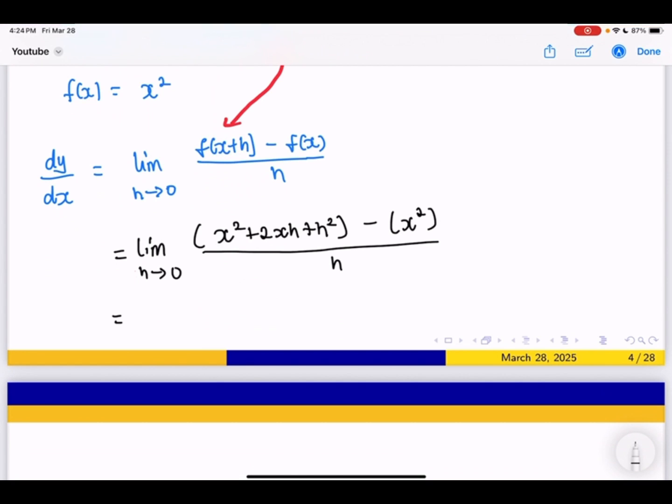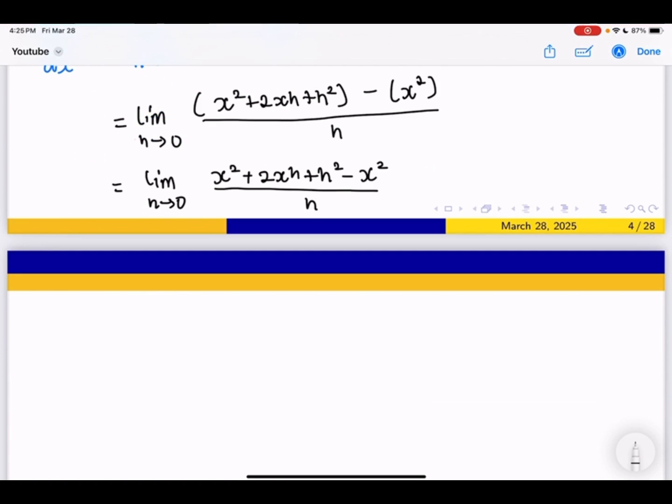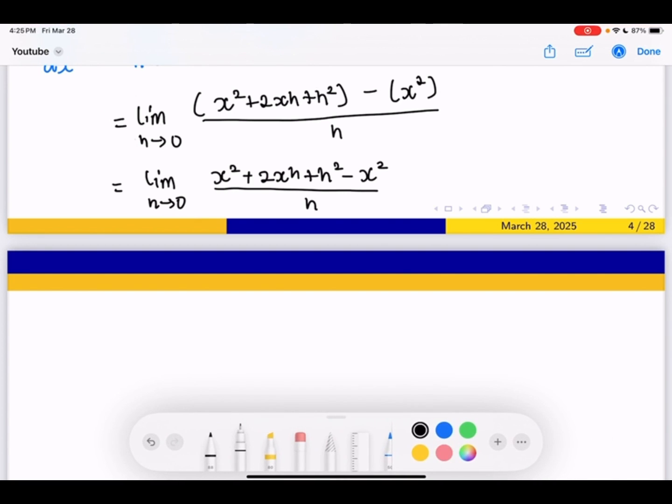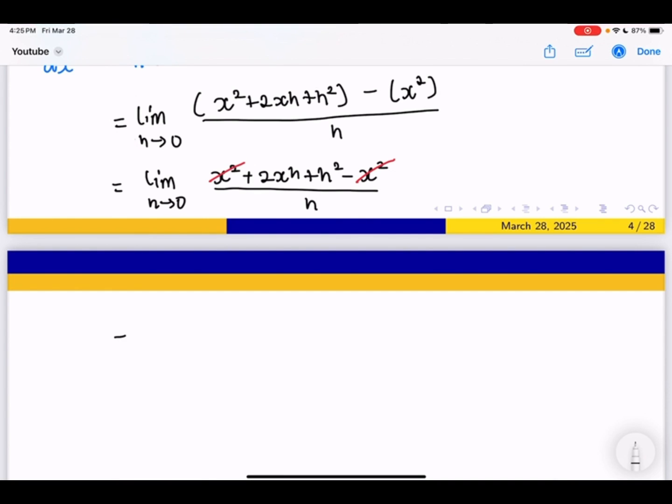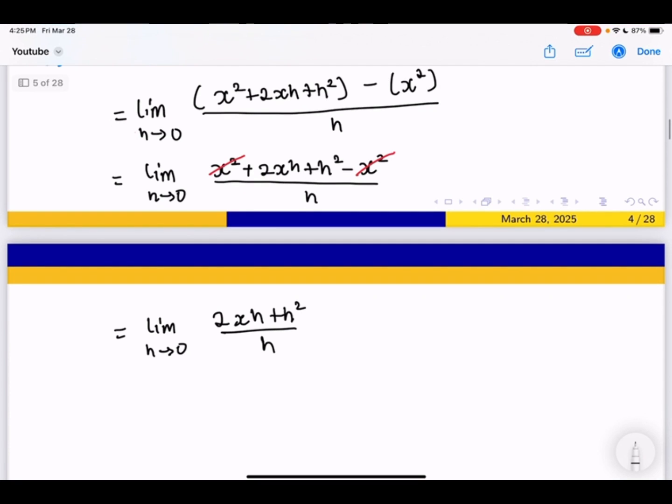So we are going to have the limit as h goes to 0 of x squared plus 2xh plus h squared minus x squared, divided by h. So x squared and x squared will cancel out. So these two guys will cancel out. So our expression will be the limit as h goes to 0 of 2xh plus h squared divided by h. So now we have to find the limit.